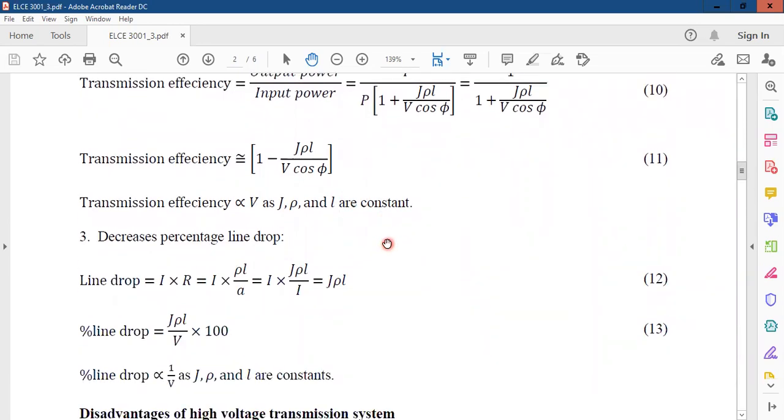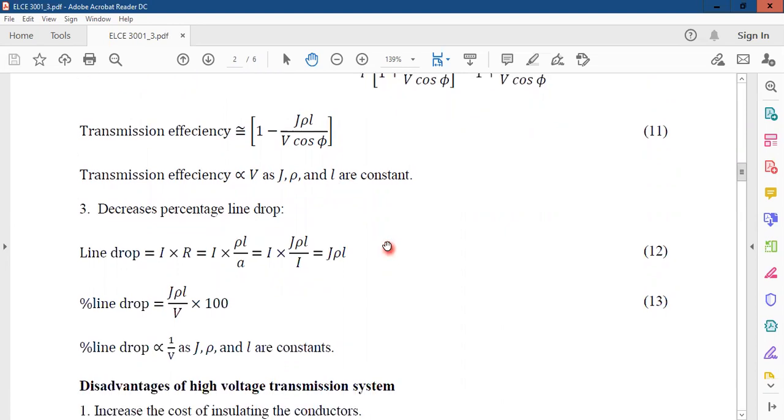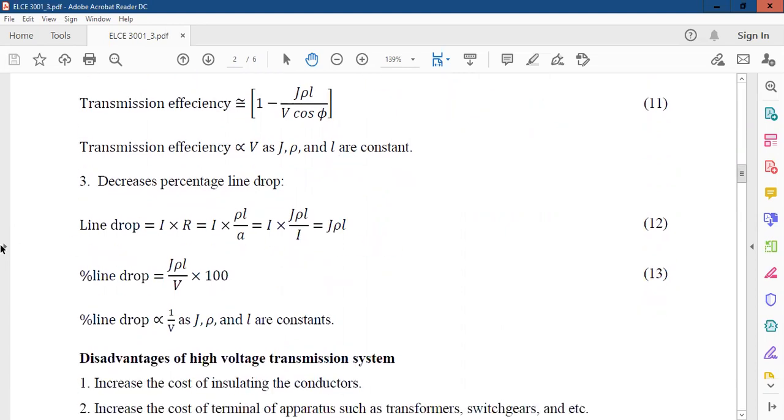The third advantage is decreasing percentage line drop. Now, line drop of any conductor equals the value of the current multiplied by resistance of that line.